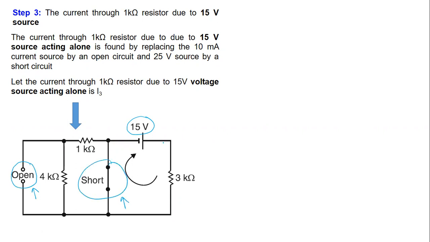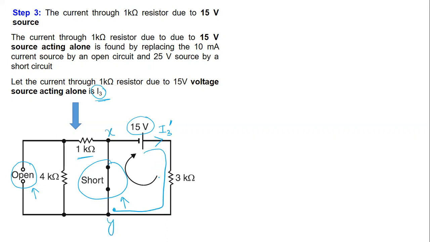We can calculate the current through the 1 kilo ohm resistance. As per the assumption, let us say the current is I3 here. Now let us assume that some current I3 dash is flowing because of the 15-volt source in this branch. This current will reach this junction, and these junctions are, let us say, X and Y.